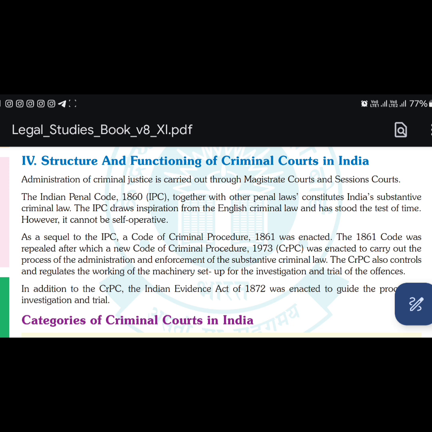So there were death sentences by hanging given to many Indians so that the revolt could be subdued, right? So IPC draws inspiration from English criminal law because it was made by them based on their conditions, and has stood the test of time.